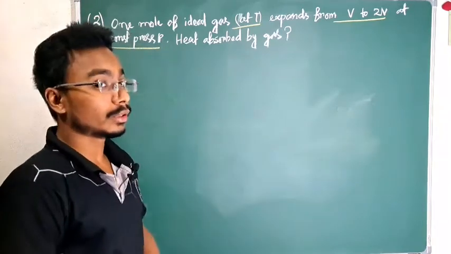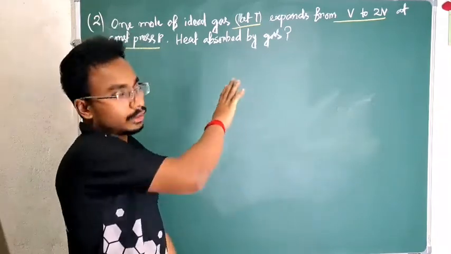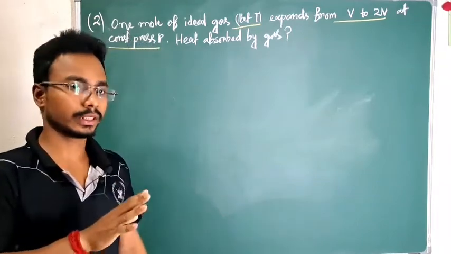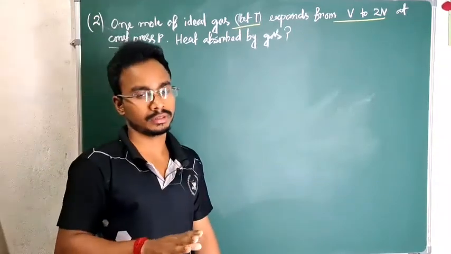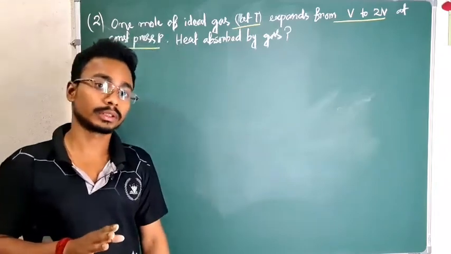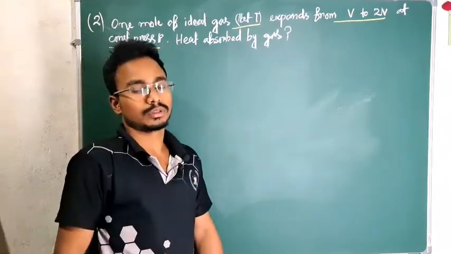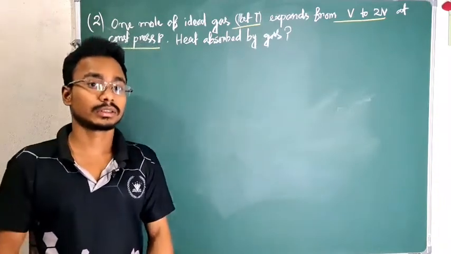We can calculate work from here, W equal to minus P external into V2 minus V1. That is the formula of work, but we have to calculate the heat. From which law can we calculate that?